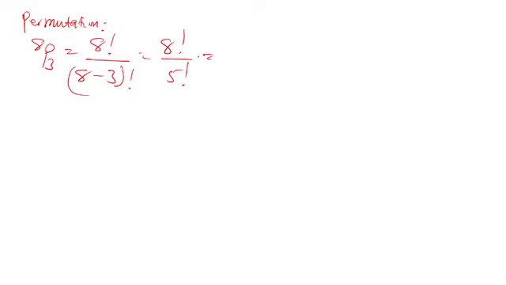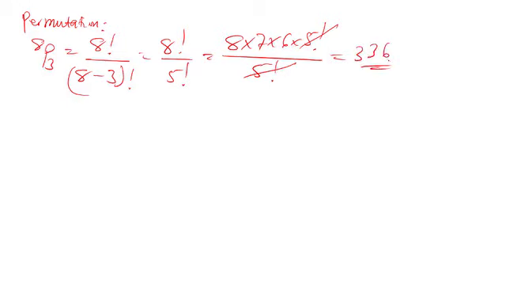Now remember the rule I gave you. Do 8 times 7 times 6 times 5 factorial over 5 factorial. So that 5 factorial will eliminate the other 5 factorial. Instead of writing 5 times 4 times 3 times 1, you just cancel, so end it this way. Now you do 8 times 7 times 6, which is equal to 336. We now have our value as 336.